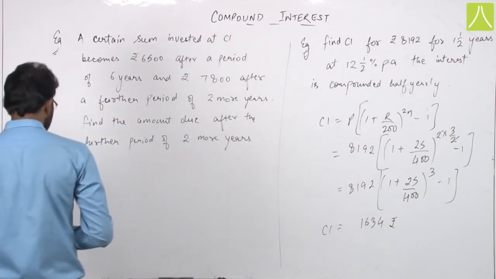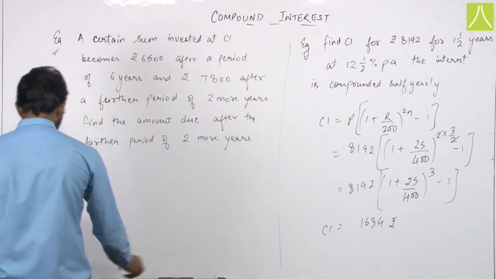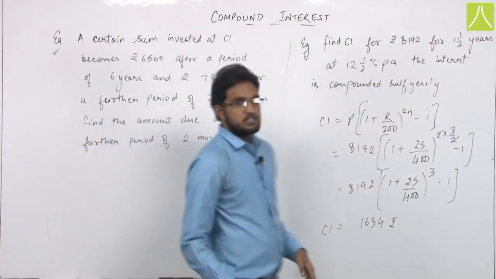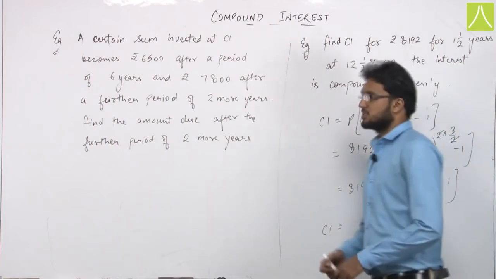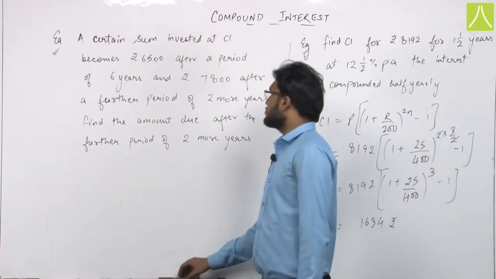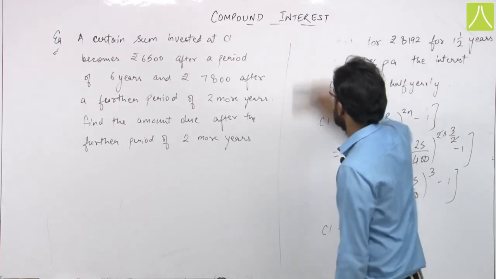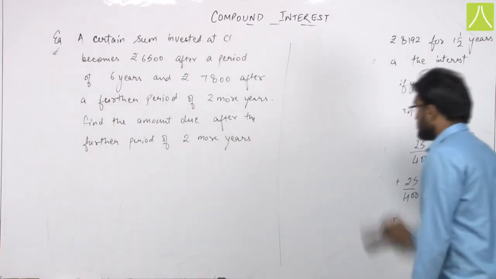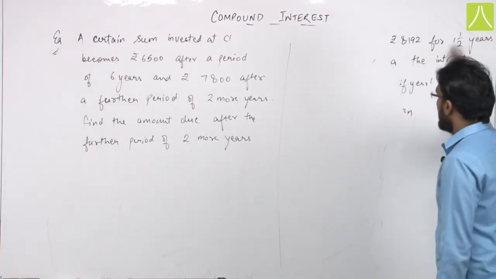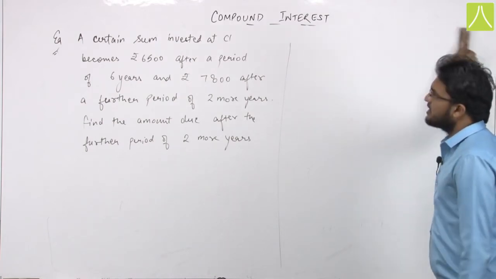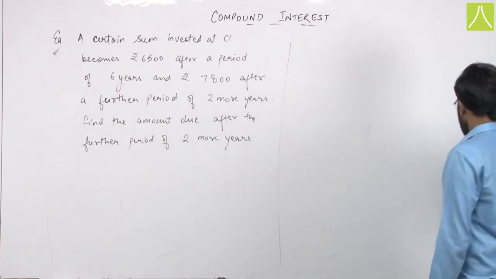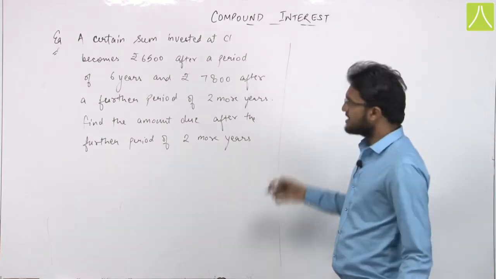In this question, the first amount given is 6500, invested for 6 years, and after a further period of 2 more years it becomes 7800. We have to find the amount after 2 more years. First, we find the rate percent at which the amount has been invested.